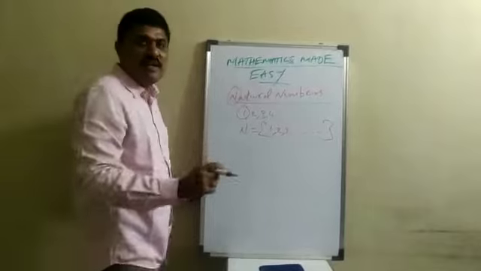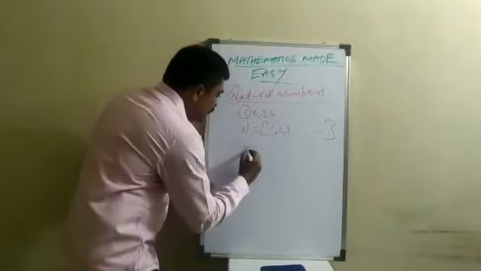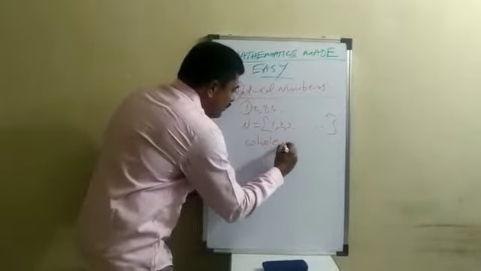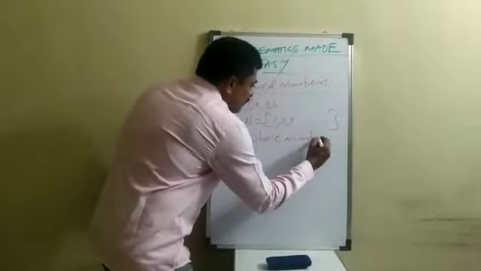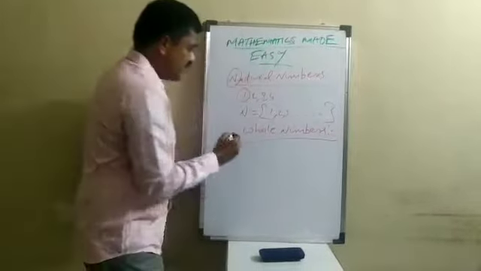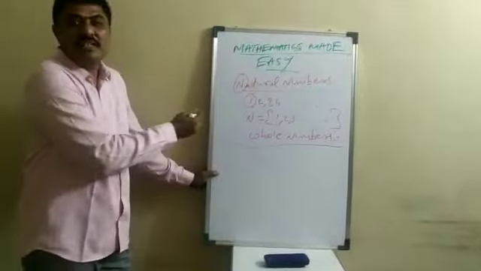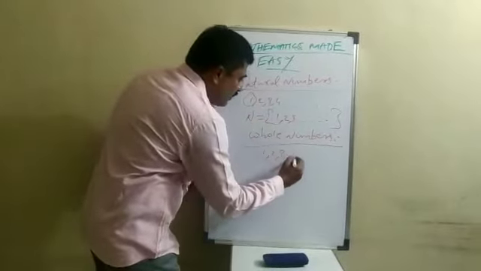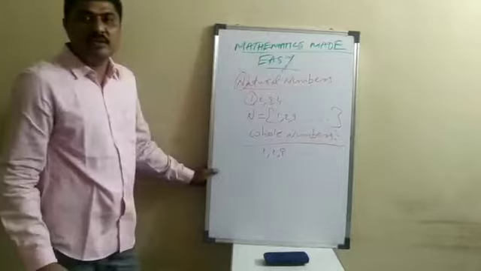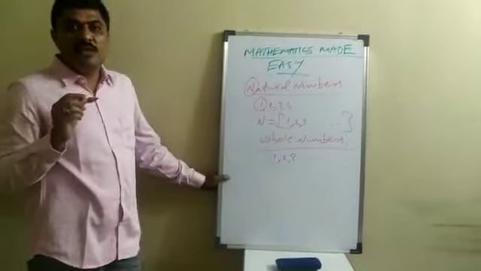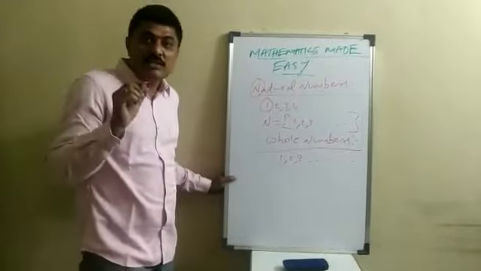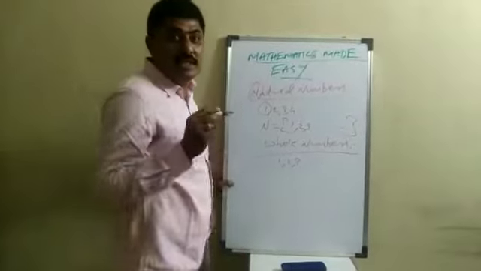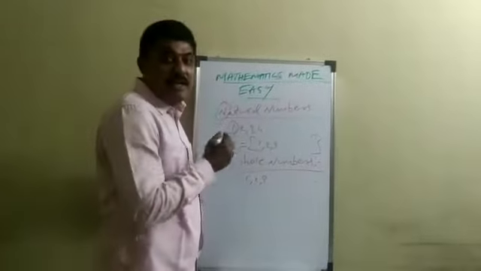In the same way, one more number, that is whole numbers. What are whole numbers? We will see now. In the natural numbers, 1, 2, 3, 4, 5, 6 and so on, all these are natural numbers. So, the specialization of 0, we have already seen. 0 is called the hero of numbers, and it is playing a very important role here also.